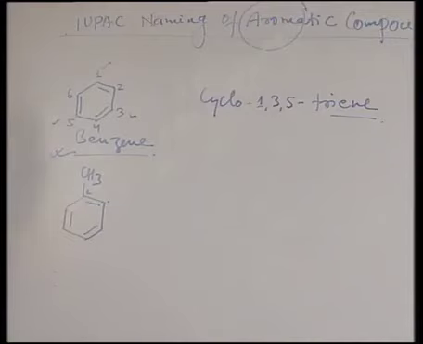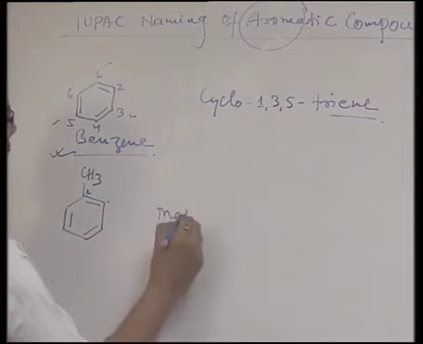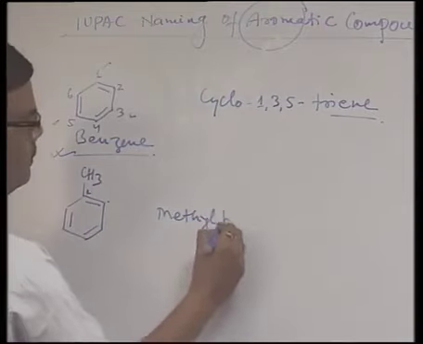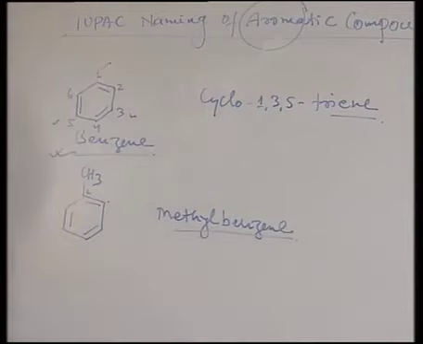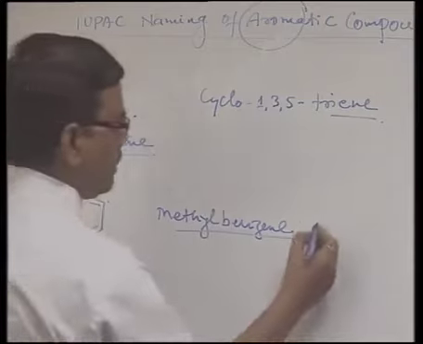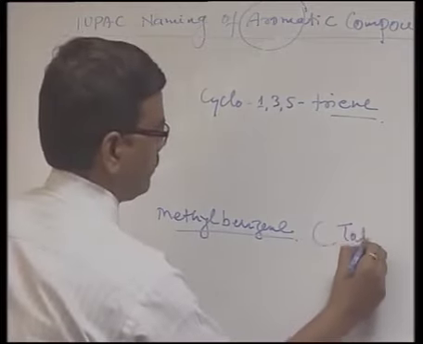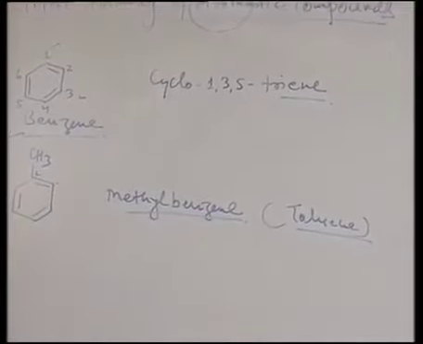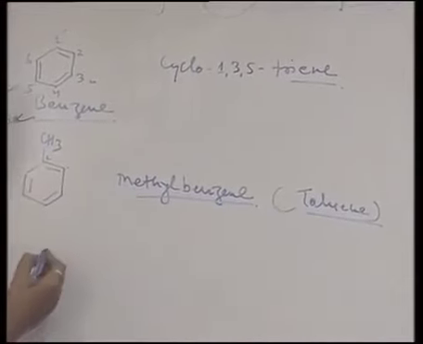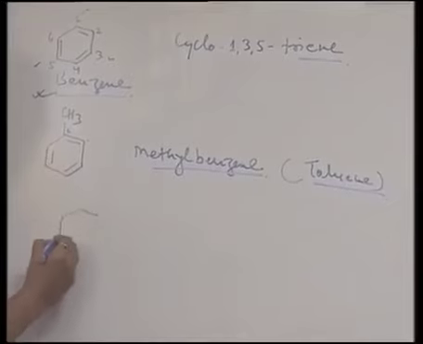So, there is no need to write the 1, we just write the IUPAC name as methylbenzene. This is the IUPAC name for this compound, and its common name you must know, this is known as toluene.